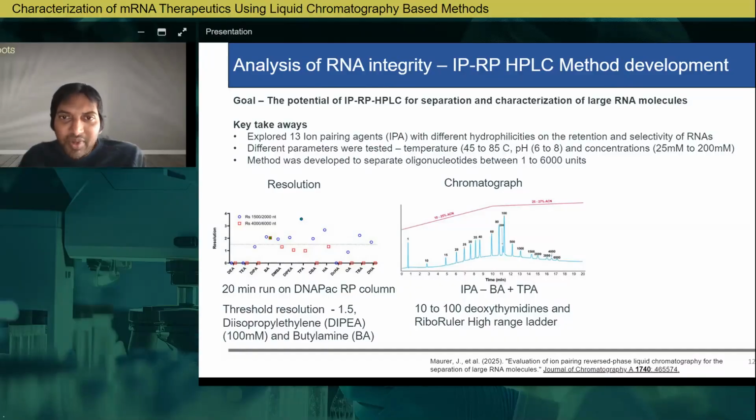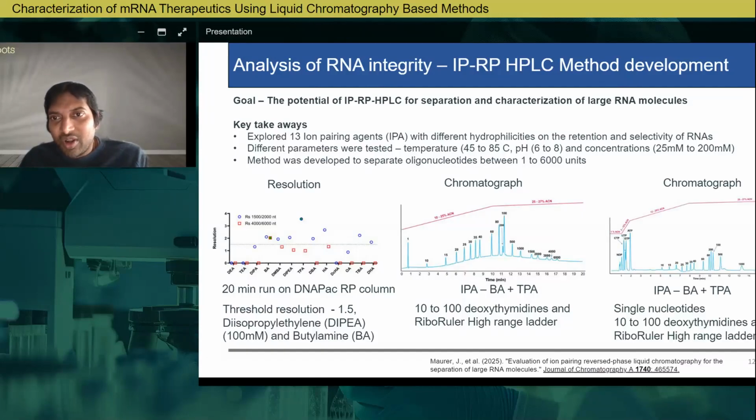From there, they optimized this method more, and they added another column next to the DNAPac RP column, an SCC column. Then they were able to modify the method with more gradients. Still, the method is 20 minutes. And then they were able to show from single nucleotides to 6,000 nucleotides.